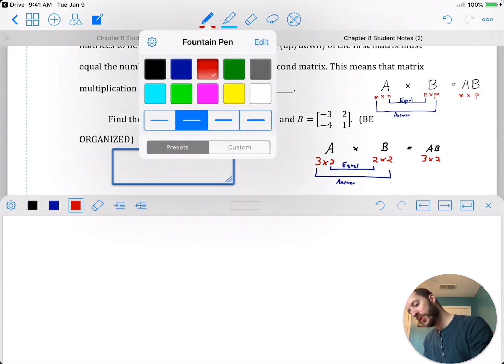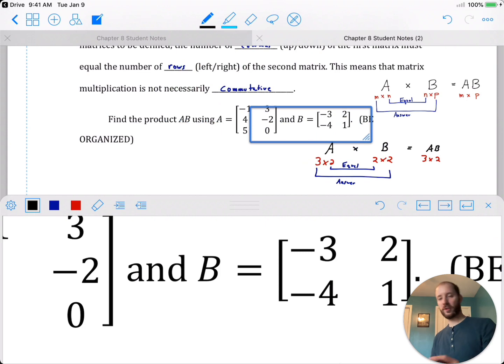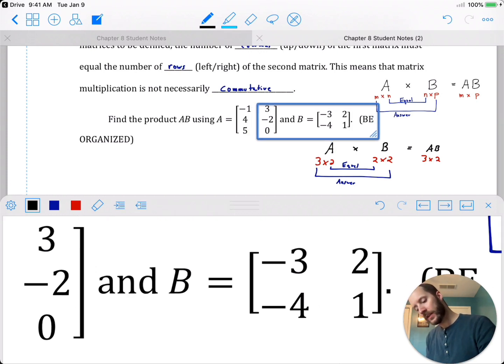Now when we do this, there's a little bit of movement to this process, almost like a dance. You do this, then that, and then movement happens. So when you multiply, you kind of go right to left.